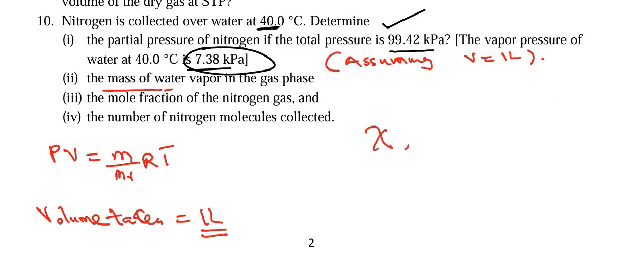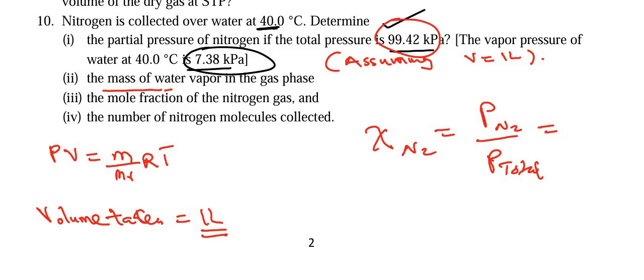So the mole fraction of nitrogen is equal to the pressure of nitrogen over the total pressure of the whole system, because it doesn't have units. The pressure of nitrogen was the difference between this and that. You put it on top, divided by the total pressure, which was 99.42. This will give you the mole fraction.